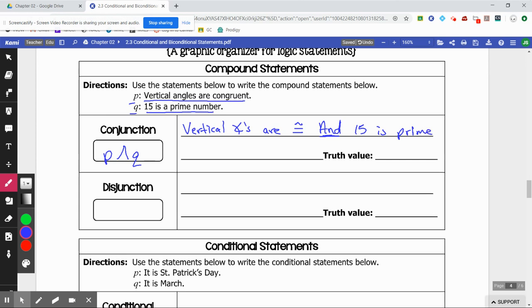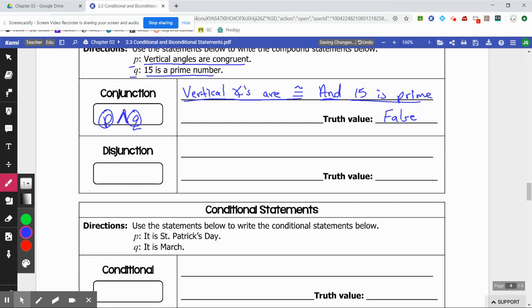Now, reminder from our truth tables, conjunctions can be true, they can be false. In order for an and to be true, they must both be true. Vertical angles are definitely congruent, but 15 is not prime. So since they are not both true, this is a false statement.